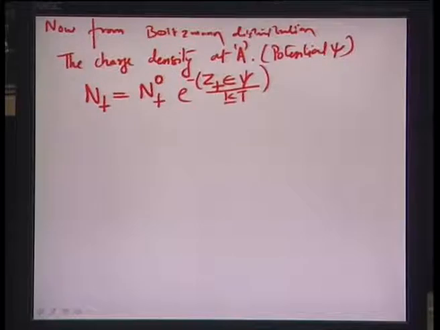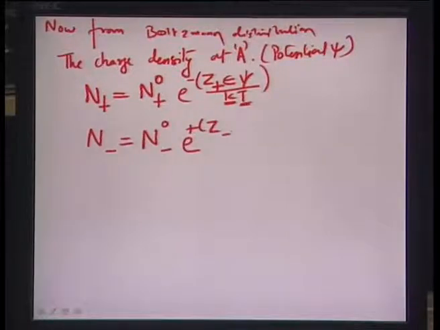K is the Boltzmann constant and T is the ambient temperature around the point A. Similarly, the negative charge density is related to the negative charge density at infinity times e to the power of plus Z minus epsilon phi by kT.